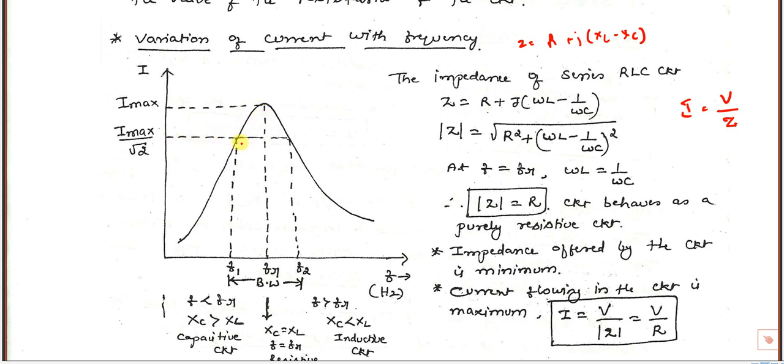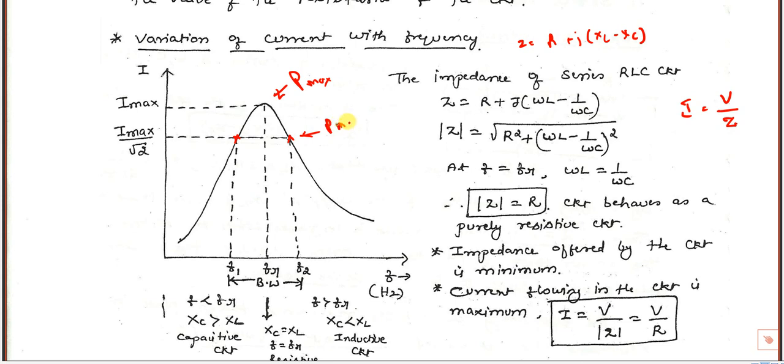Now we have to consider two more points in the frequency response, which we call half power frequencies. Here at this point P is max. When current is maximum, power is also maximum. When you are considering the bandwidth of any circuit, at least the power should be half of the maximum power.